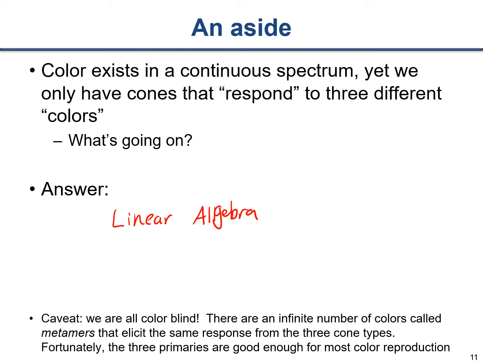However, the three primaries that we do have in the human body are good enough for most color representation. I guess we don't really know any better because we don't have more cones than the three that we have. So I suppose we don't know what we're missing, but I would imagine that most people feel that they can see enough colors to make do.